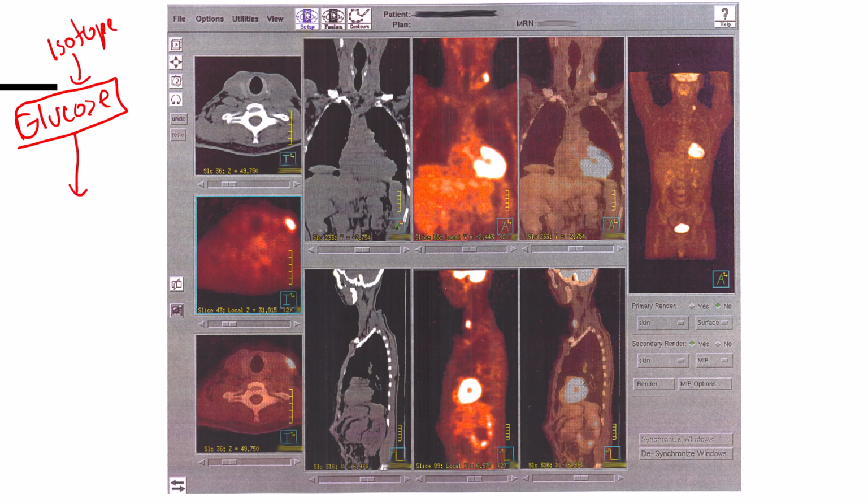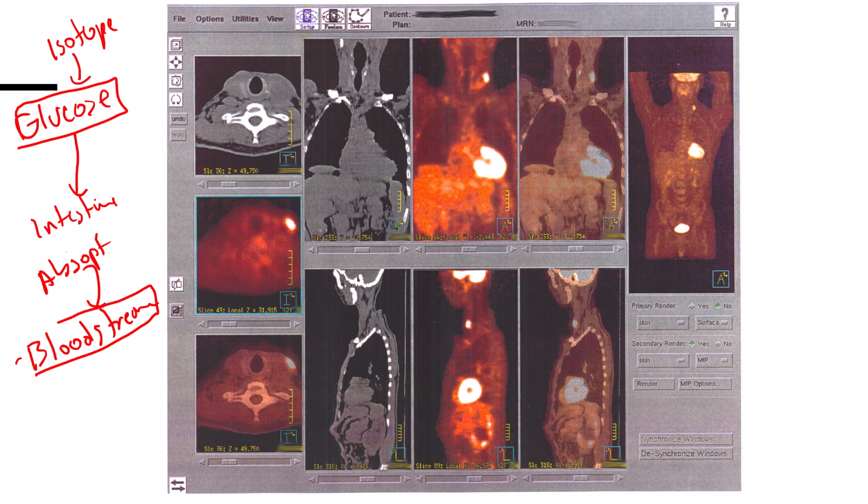The sugar will go from the mouth, esophagus, stomach, intestine, then will get absorbed. And when it gets absorbed, this sugar enters the bloodstream. And once it enters the bloodstream, then it's available for the tissues. So the tissues can use that sugar.